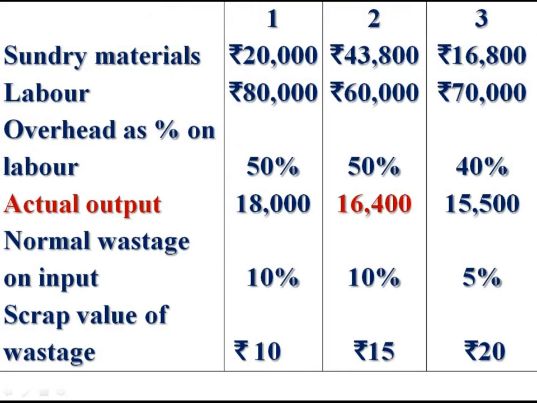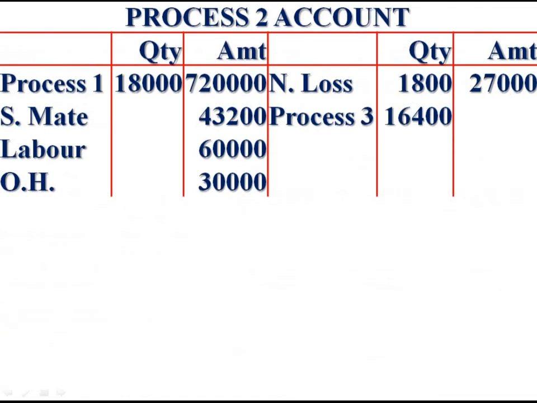The output of process 2 to be transferred to process 3, 16,400 units. Credited process 3, 16,400 units. And there is difference in the quantity of debit side and credit side. In the debit side, the quantity total 18,000. In the credit side, the quantity total 18,200. There is difference. There may be abnormal gain or loss.